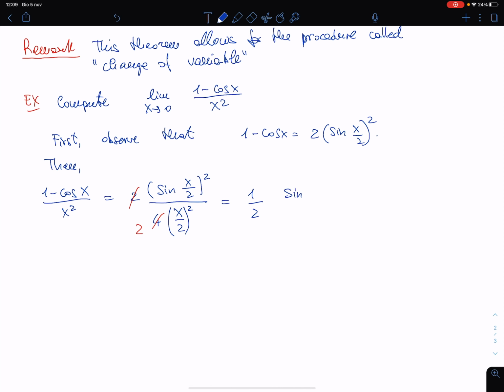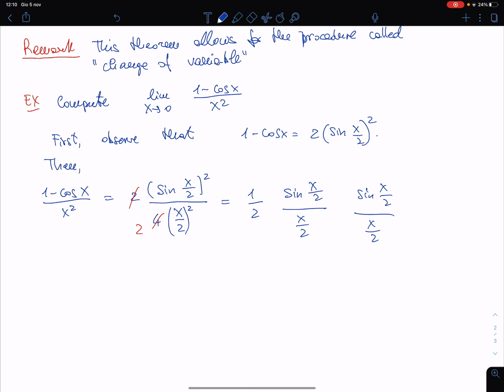So here in the final passage, I write down 1/2. Then we have sine of x over 2 divided by x over 2, squared. So here we have another factor, sine of x over 2 divided by x over 2. Okay?